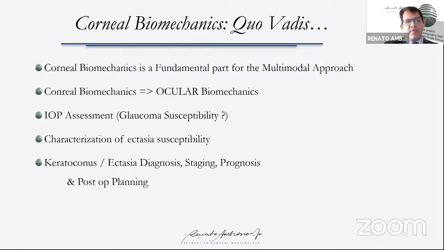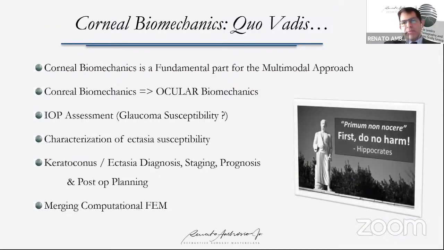This is a path for individualized medicine, and individualized medicine would compute the data from the patient that we have with some finite element models and other models that we can create on the computer to simulate what's going to happen, like the beautiful work that was seen at the Academy of Medicine in Brazil that Paulo Shore participated in a couple of weeks ago, that merged artificial intelligence with medicine, just beyond ophthalmology. So this is a matter of doing the best for the patient and eventually not doing harm before anything else.